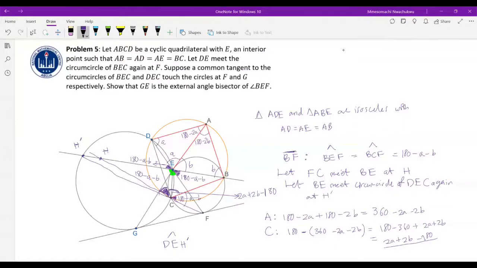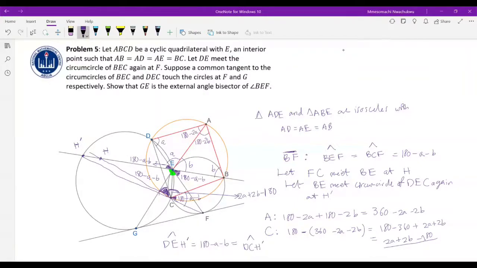So I have angle DEH prime, which is equal to 180 minus A minus B, is equal to angle DCH prime. Why is this?